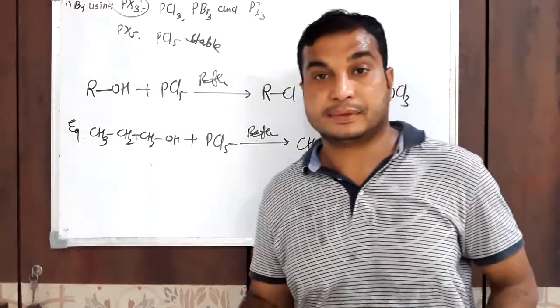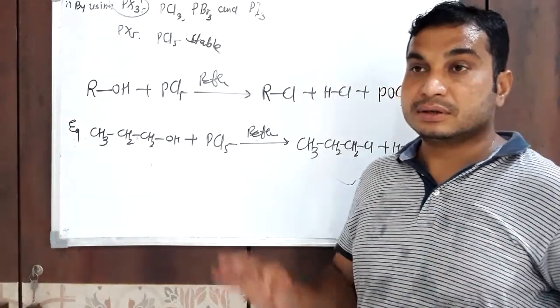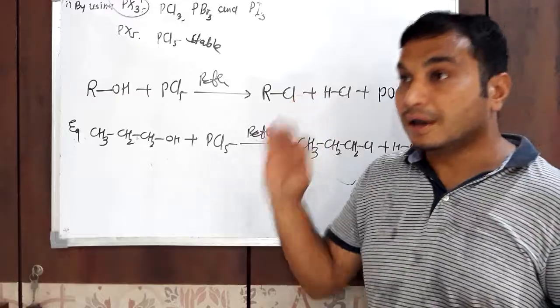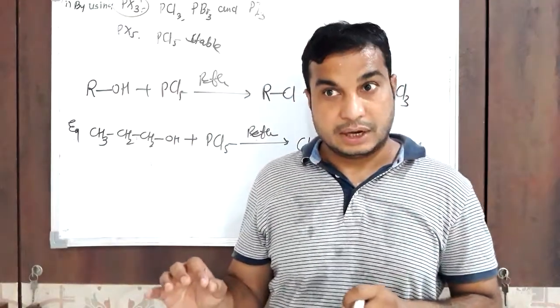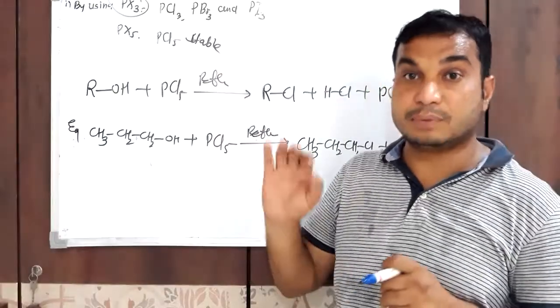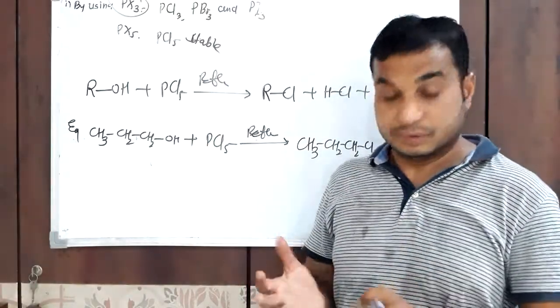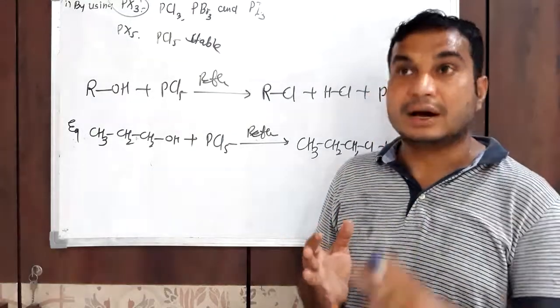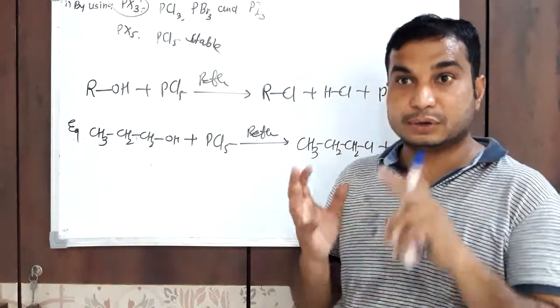In this way we can prepare alkyl halide from alcohol, and we have considered three different reagents. First, hydrogen halides: hydrogen chloride, hydrogen bromide, hydrogen iodide.